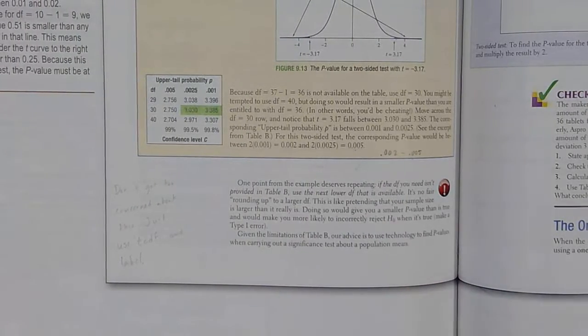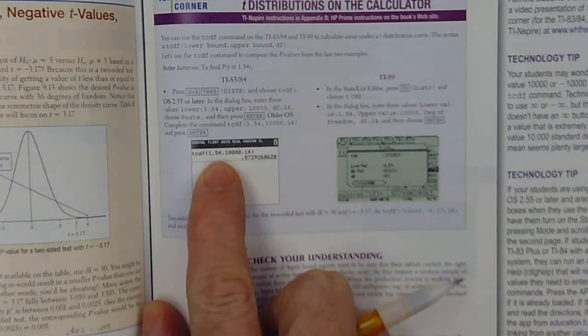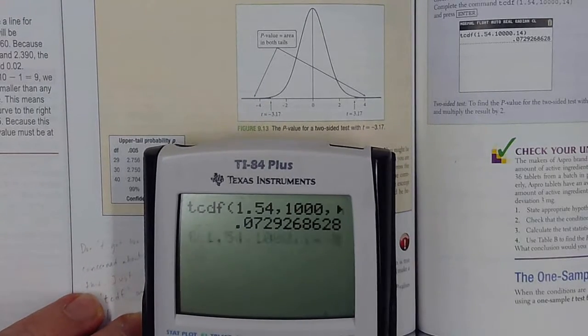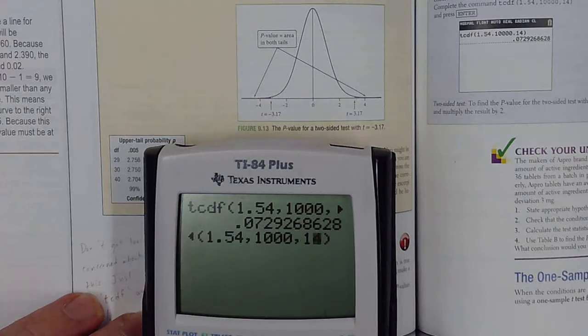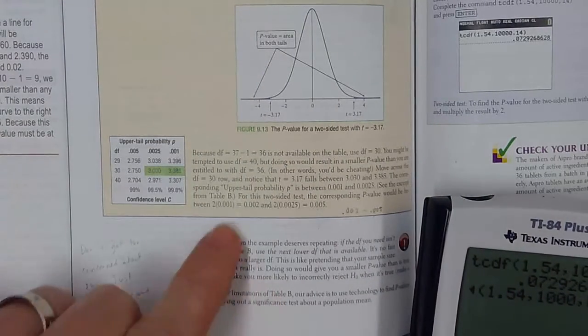Absolutely. Just use tcdf. Okay, so if we do tcdf, well, they have it right here. Punch that in, 1.54. Actually, that's not the same example, is it? So let me do this real quick. Again, I'll just type over this. Degrees of freedom. We can actually punch in the exact amount now. You don't need to decide go up or down.